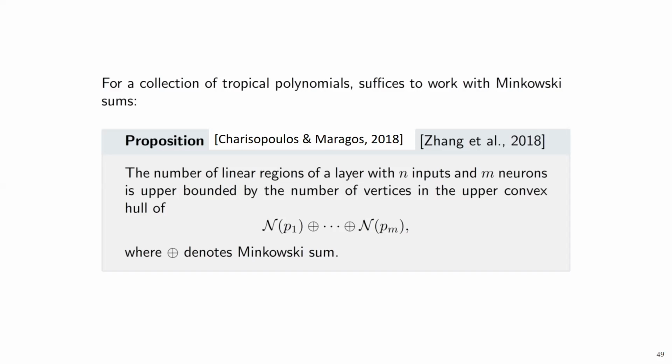If each one of these P1, P2, PM, let's say, are very simple neuron functions, for example, consisting of one term and 0, then their Newton polytope is one line segment. So the Minkowski sum here will become a zonotope. It's perhaps the easiest geometric form of a polytope, the zonotope.